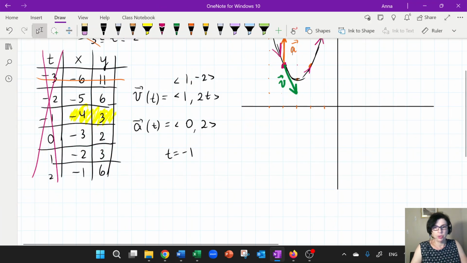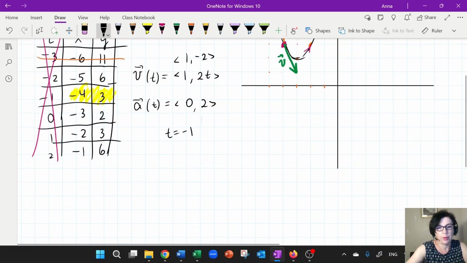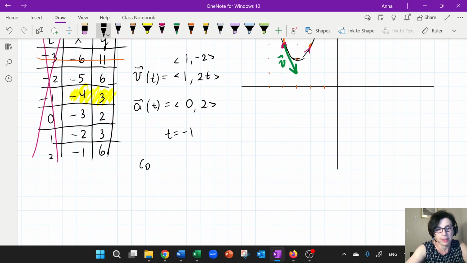So let me remind you what we do. First of all, for the tangential component, what we want to do is find the component. This is called AT. This is the component of the acceleration vector at -1 onto the velocity vector. So what that means is that you're going to be just dotting the acceleration and velocity and dividing by the magnitude of velocity.